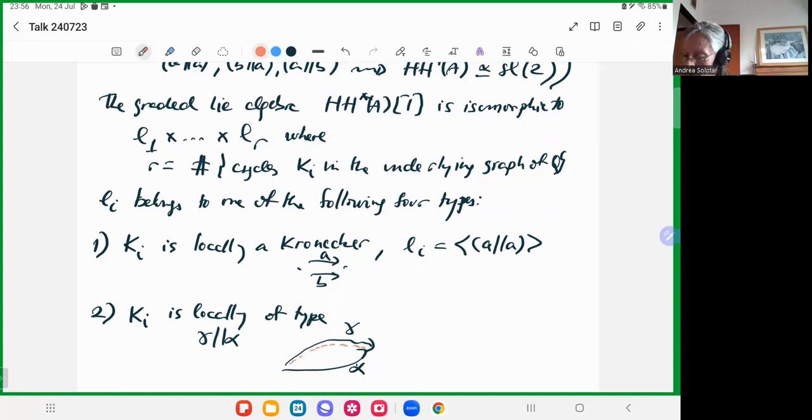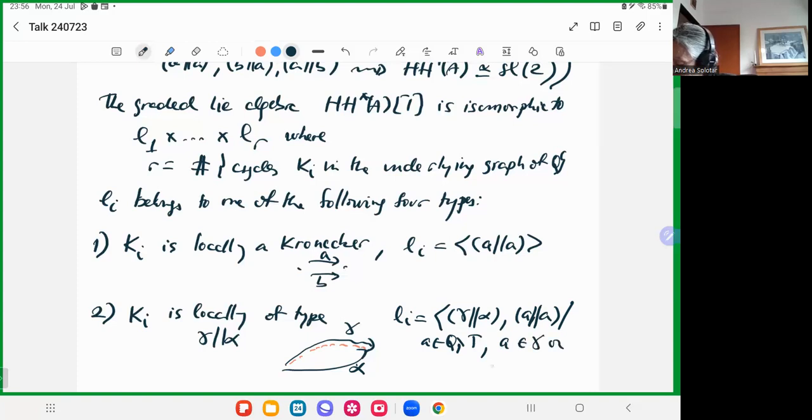So in this case, this gives me an element in cohomology, and the Lie algebra Li is going to be spanned by this thing, gamma parallel to alpha, and all the pairs A parallel to A, such that A is an arrow which is not in the spanning tree, and A belongs either to alpha or to gamma.